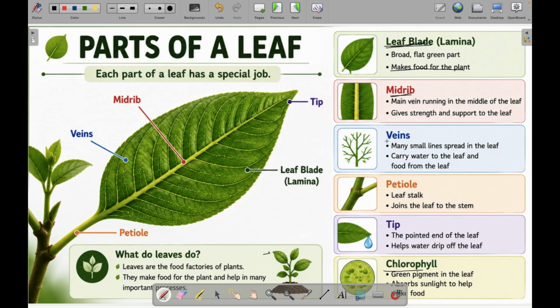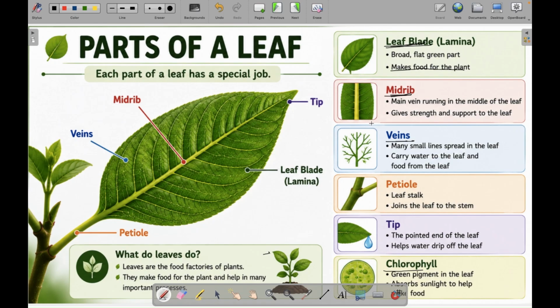Then we have the veins. We already saw that the midrib is a type of vein. So veins are a combination of very small lines that are spread across the leaf. They are spread throughout. If you look at all these components, they are the veins, and this midrib is also a type of vein. Okay, what is the purpose of this?